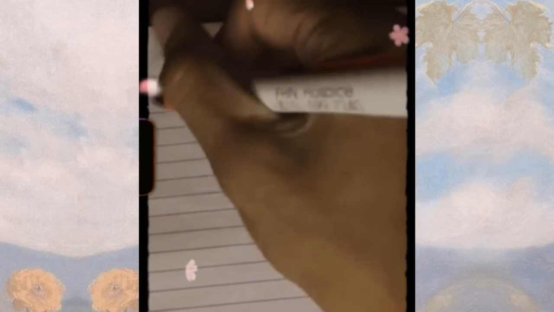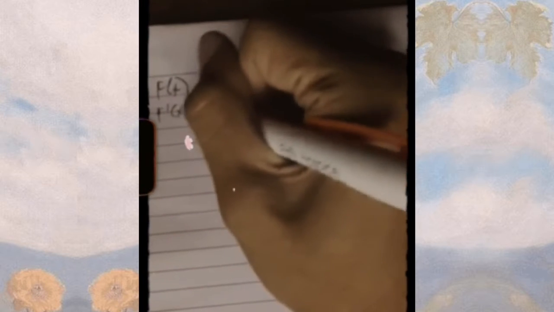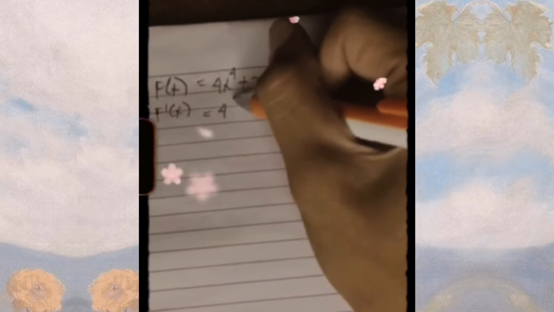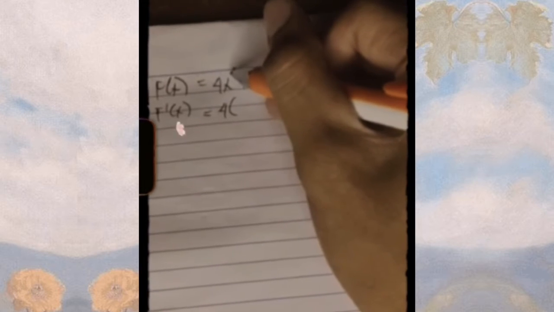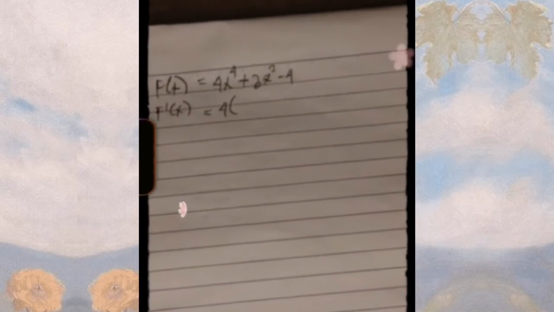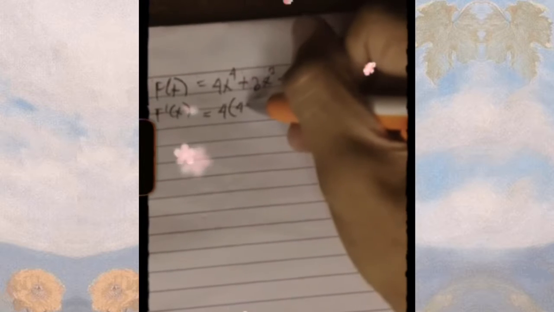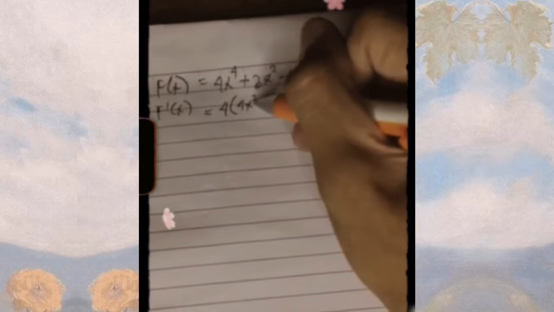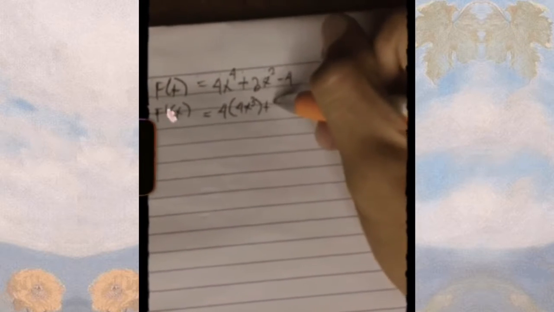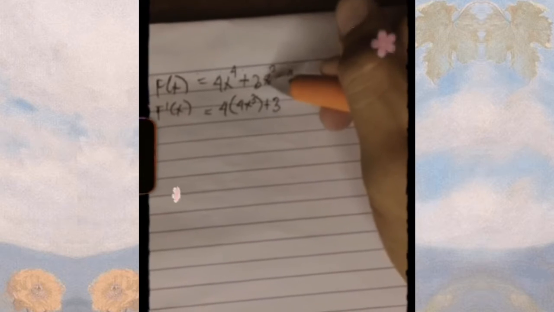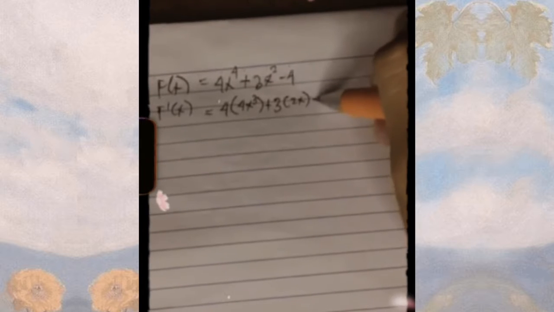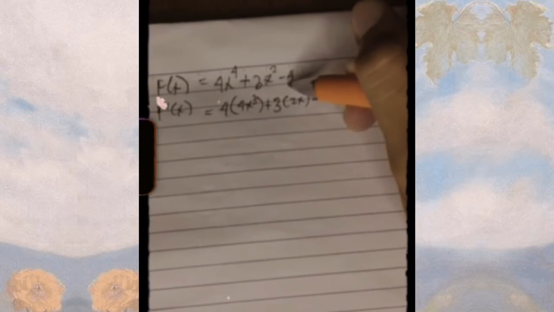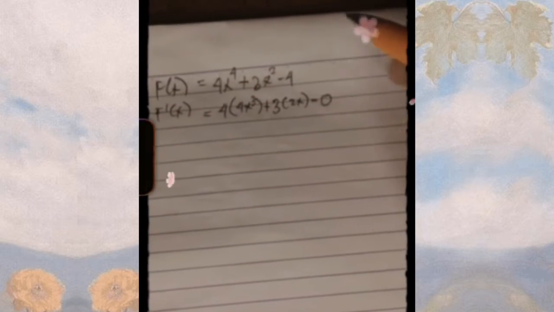So our first derivative, f prime of x, is equal to 4 times the derivative of x raised to the power of 4, which is 4x cubed, plus 3 times the derivative of x squared, which is 2x, minus the derivative of 4, which is 0.